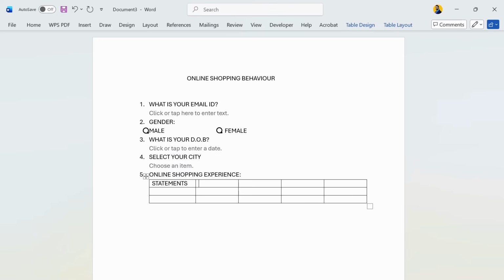In the next one I will write down the names of, let's say, Amazon, Flipkart, Meesho, Myntra.